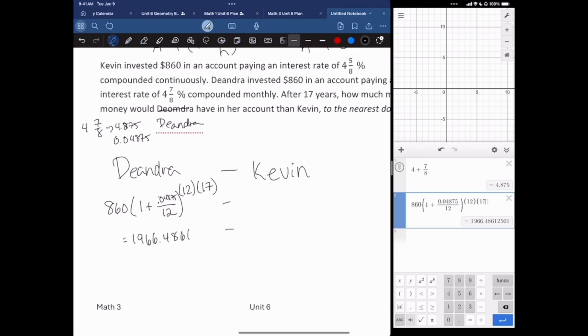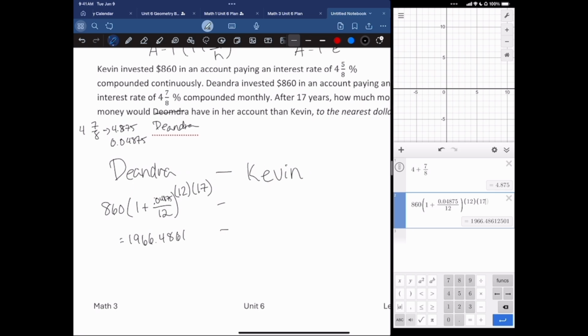All right, Kevin was compounding continuously. Again, Kevin had an interest rate of 4 5/8. Again, I'm going to cheat a little bit: 4 plus 5 divided by 8 gives 4.625%, or as a decimal, 0.04625. So this is compounding continuously for Kevin.